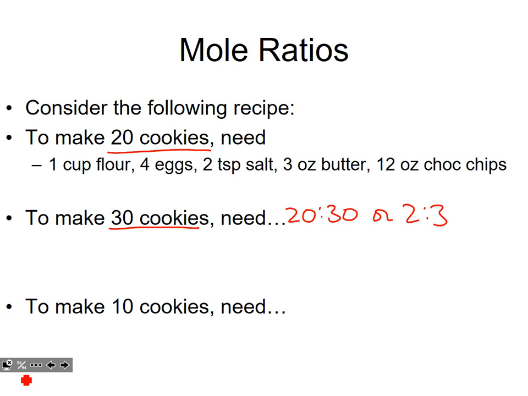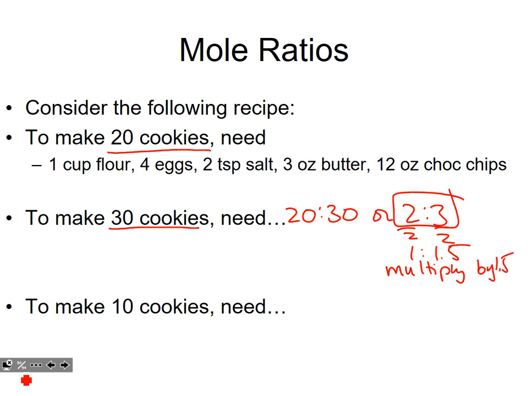So in order to work out how much we're going to need to make 30 cookies instead of 20, we want to pay attention to this 2 to 3 ratio, which is, if we divide each one by 2, we get a 1 to 1.5. So we want to multiply everything by 1.5 to get the correct ratio.